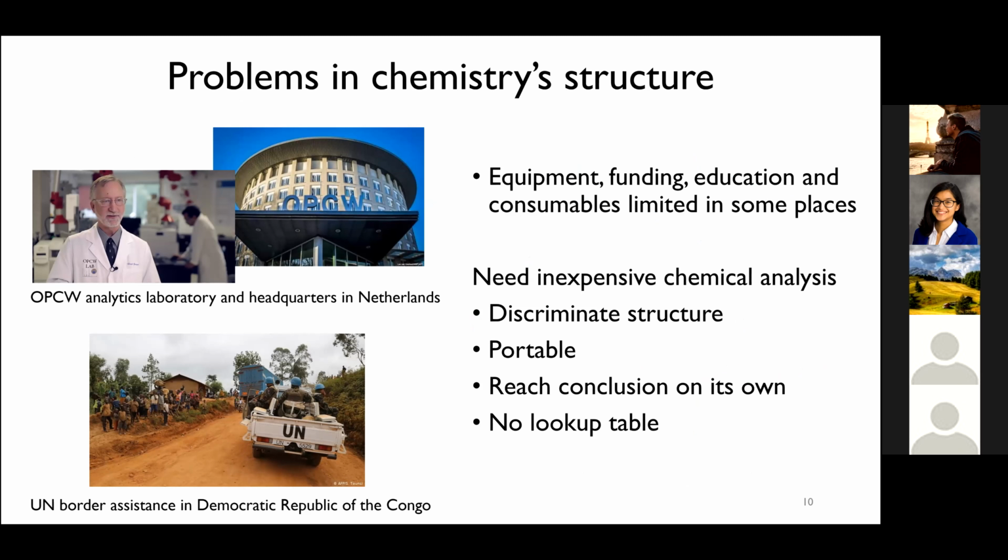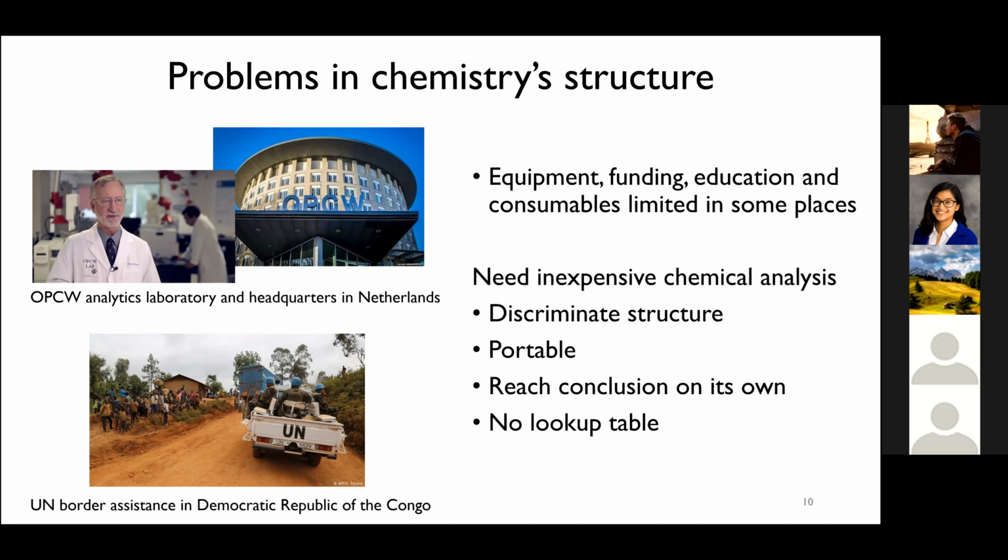If you were part of this lower picture there, that's part of the Indian peacekeeping force doing some UN border assistance on behalf of the Democratic Republic of the Congo. They don't have access to any tool that they can use to look for these, whether they suspect them or not. And so what's really needed is an inexpensive chemical analysis tool that can discriminate the structure. It's got to be portable, it's got to reach conclusions on its own, and it needs to not depend on a lookup table.